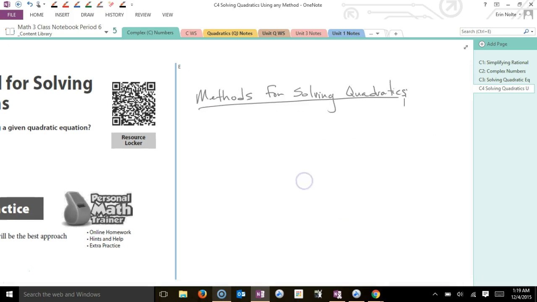So, you may or may not be aware of this, but you happen to know 4 methods to solving quadratics.